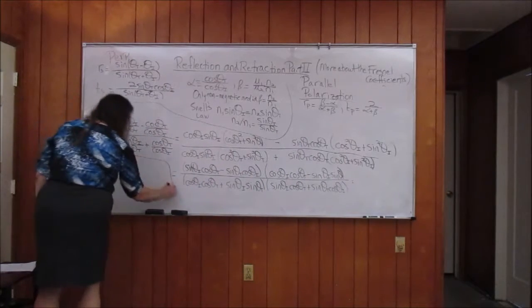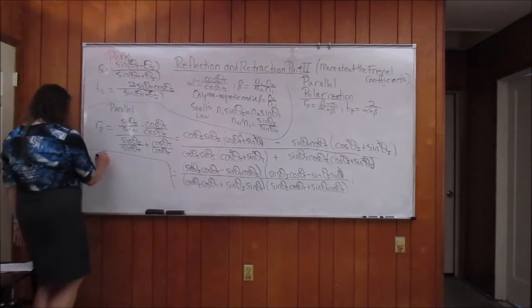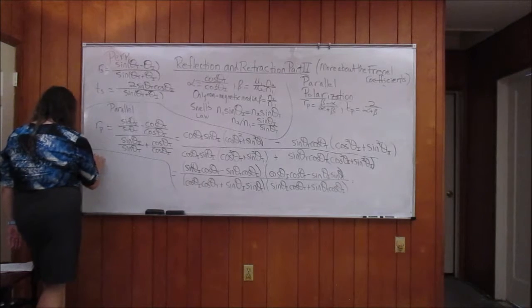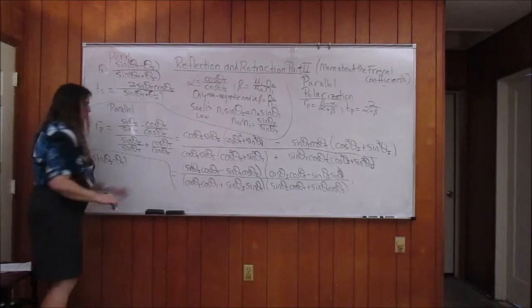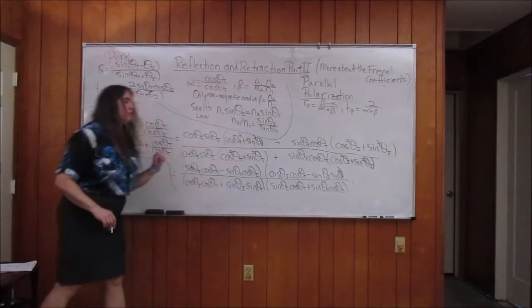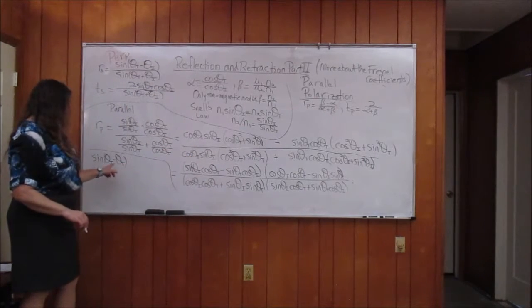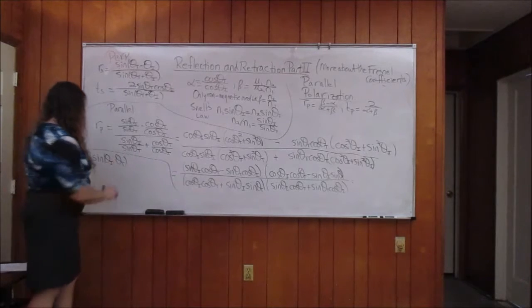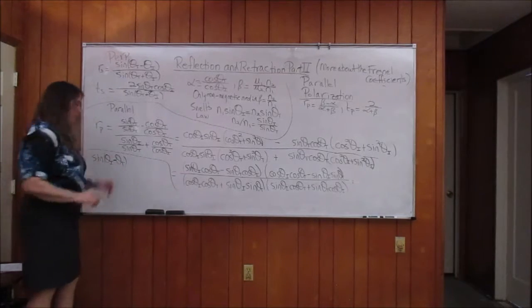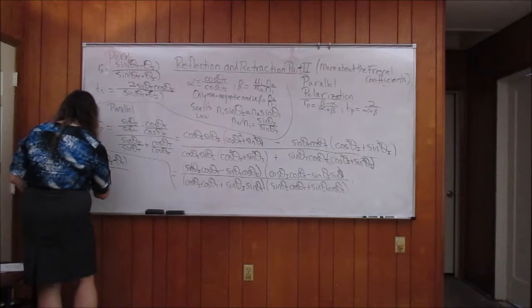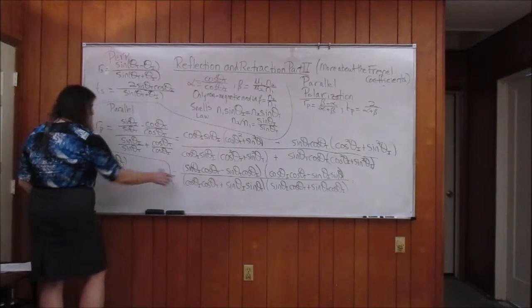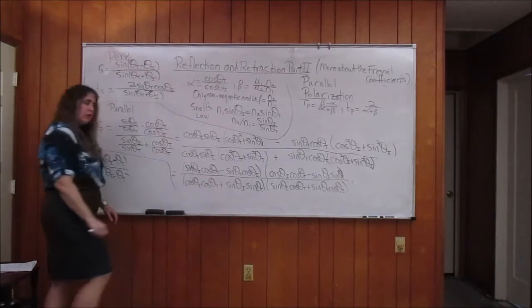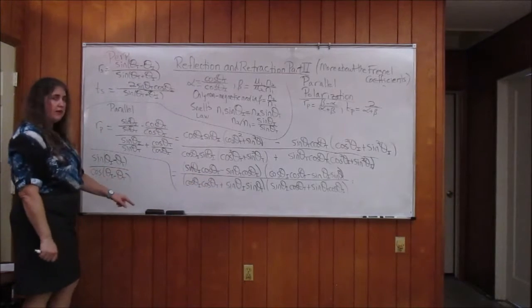I really don't have the room here. Okay, so this first term is equal to this first factor in the numerator, sine of theta I minus theta t. In the denominator, this is just equal to cosine of theta I minus theta t.